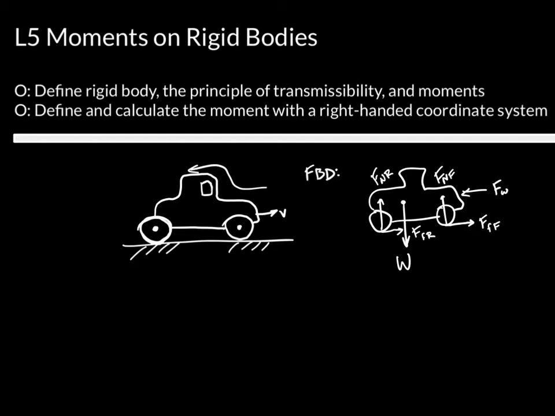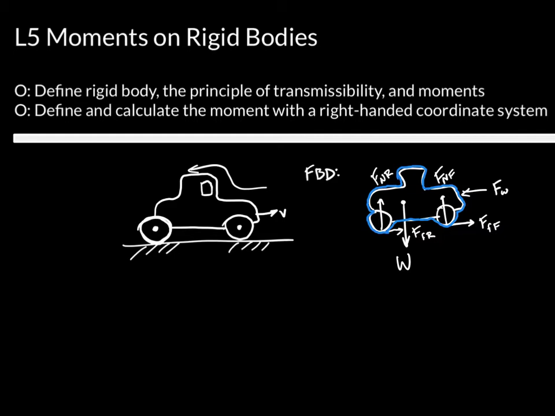Okay, and so the key here is this: we have to define what our system is. If this is our system, then everything within this thing is our system. Once we do that, the free body diagram only has the external forces. It only has the things on the outside of this thing, and everything that's interior to it, we don't care about.